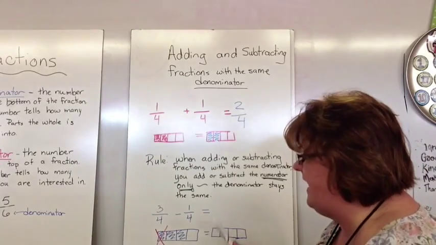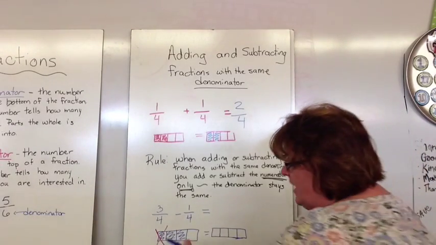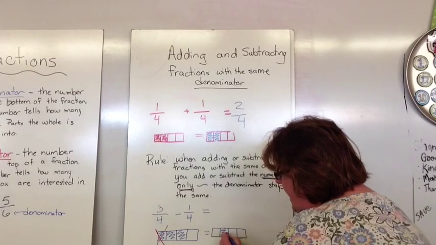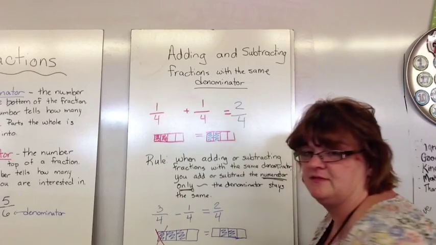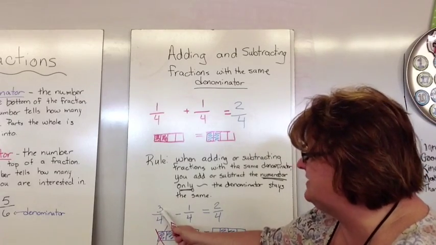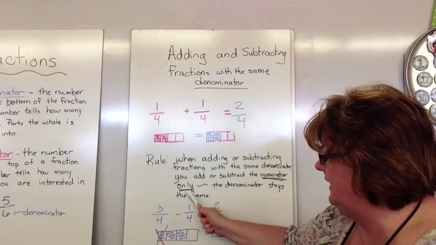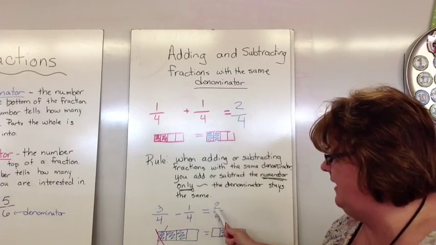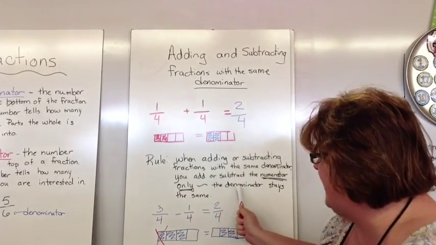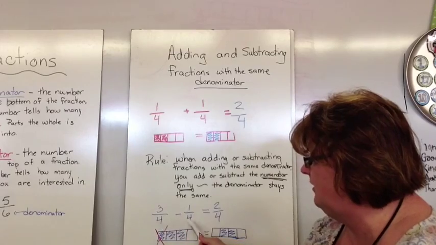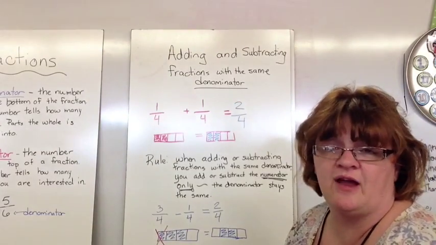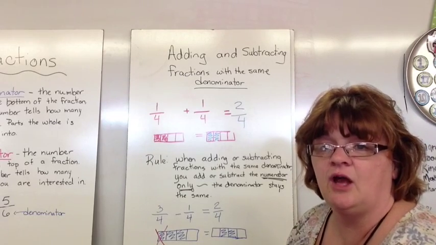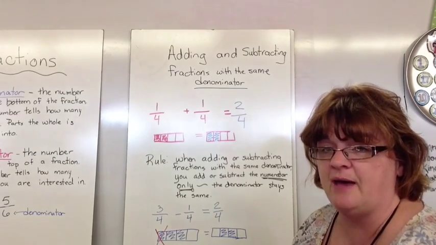How much will I have left? You can tell by looking that I will have 2/4 left. All we had to do was take the numerators only, the 3 minus 1, and that's our answer, 2. But the denominator stayed the same, so 4 and 4 and 4. So adding and subtracting fractions is really quite easy. The only thing you have to worry about is the numerator on top.